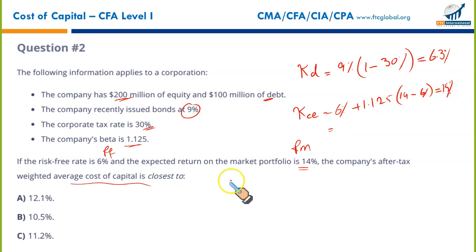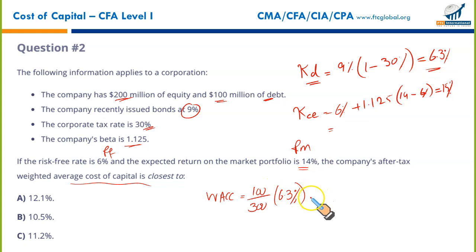So the next step, you need to calculate the weighted average cost of capital. Remember, I have already calculated the after-tax cost of debt. Please do not bring in the after-tax factor here. 6.3 is already after tax. So I will take the weightage of debt, that is 100 million out of the total 300 million fund. So 100 out of 300, this is the proportion of debt, multiplied with the cost of debt, which is already after tax.